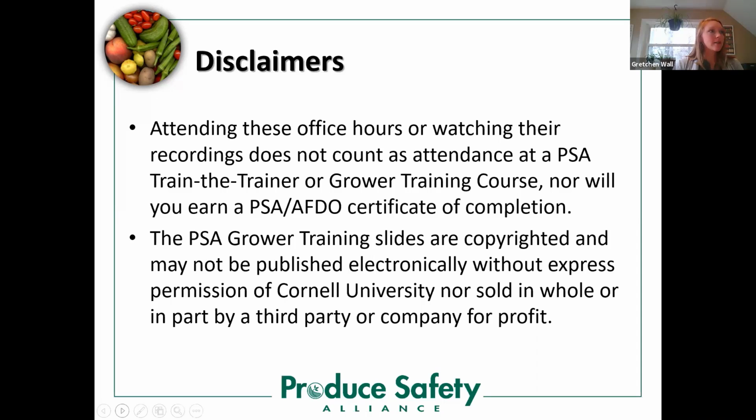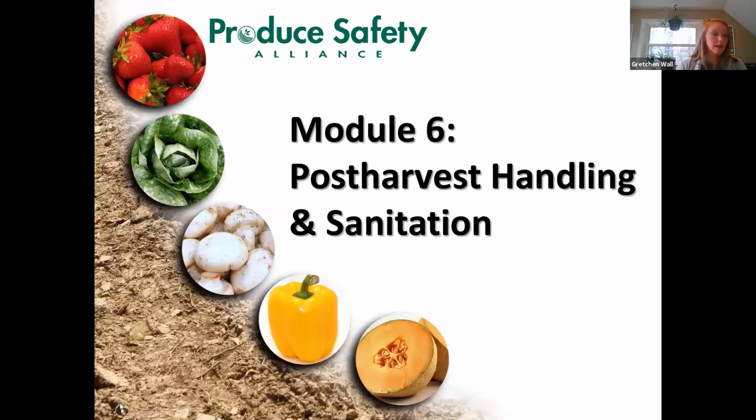So with that, I think we'll get into the meat and potatoes of module 6 here. And unlike most of the other modules within the curriculum, module 6 really spans multiple subparts of the produce safety rules. So if you think about module 5, you're really only talking about subpart E. But in this particular module, we're talking primarily about subpart K and L, which covers post-harvest handling and sanitation practices.